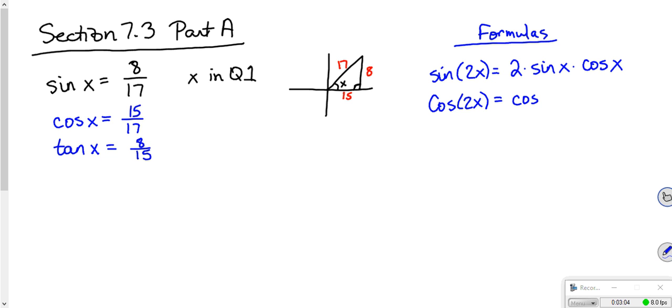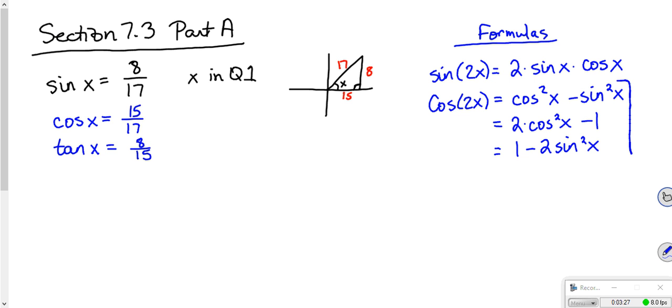You can do cosine squared x minus sine squared x, or 2 times cosine squared x minus 1, or 1 minus 2 times sine squared x. All 3 of these work for the double angle formula for cosine.